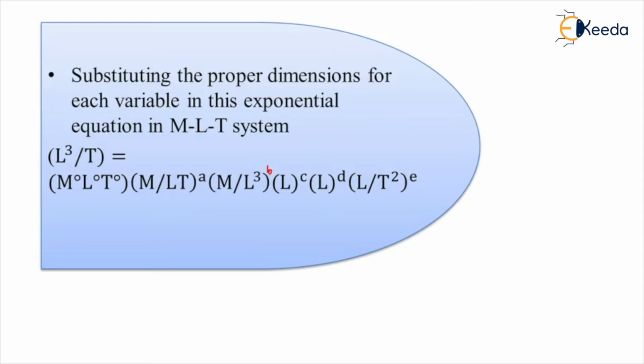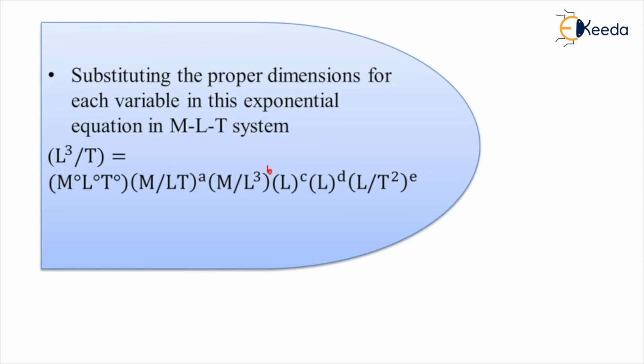By substituting the proper dimensions for each variable in this exponential equation in the form of MLT system, for the discharge Q, we have a unit of discharge, it is meter cube per second, that is length raised to 3 upon time. This is for the discharge.